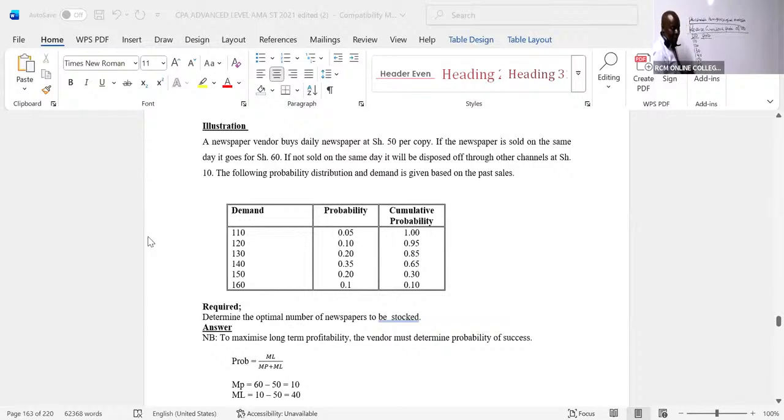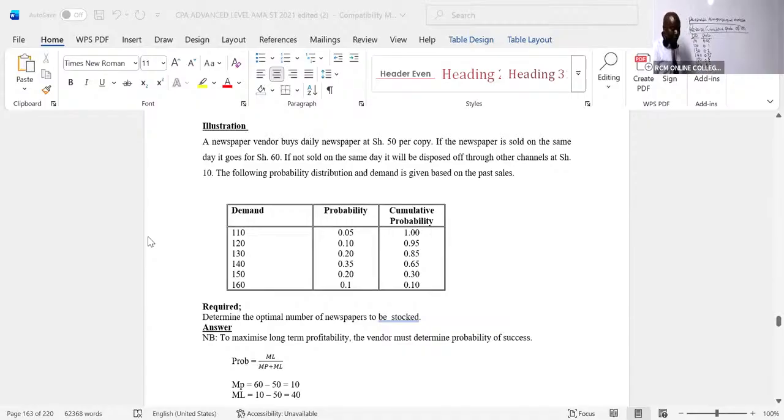So probability here, it is 0.05, 0.1, 0.2, isn't it? If it was simulation, then I'd be concerned with that 0.20. After that, we have 0.35, and then 0.2, and then 0.1.